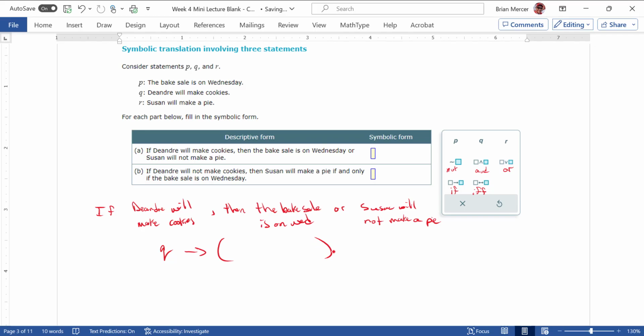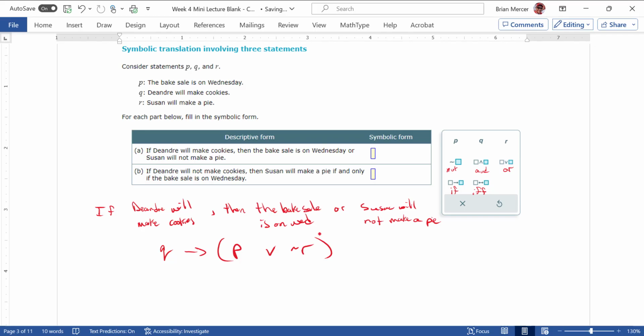And so the fact that those two things appear on the same side of the comma, the or statement. So or what? We've got the bake sale is on Wednesday, so that's P. Or Susan will not make a pie, so that's the negation of R, so that's not R.